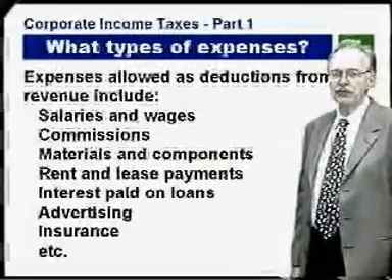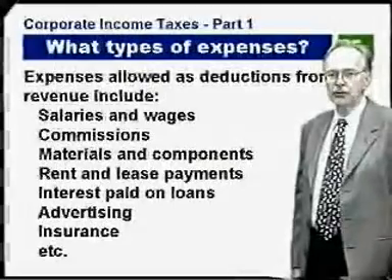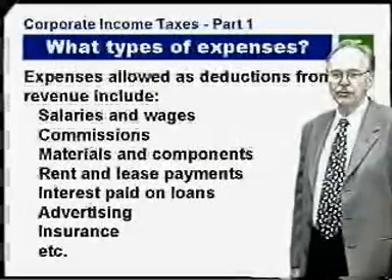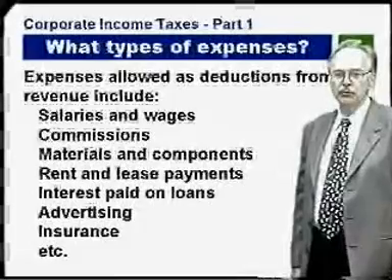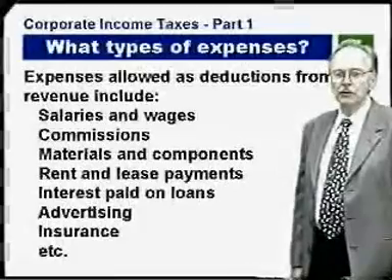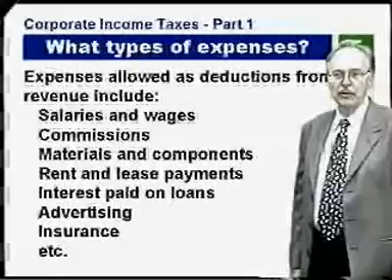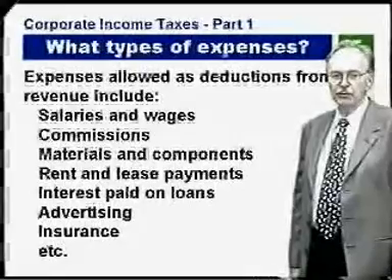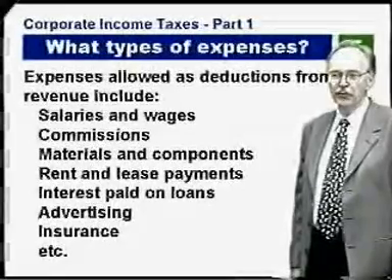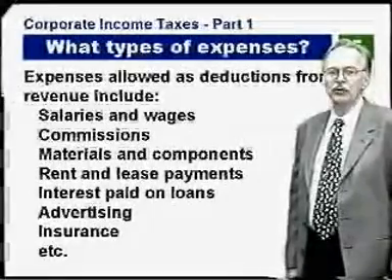Raw materials and work-in-process components that are bought from other companies are also included. Rent and lease payments. Interest paid on loans normally is allowable. Advertising, insurance, a long list of different types of items. Perhaps the only types of items that are not allowed are bribes paid to different people, whether they're government officials or private persons, and certain types of judicial penalty payments.